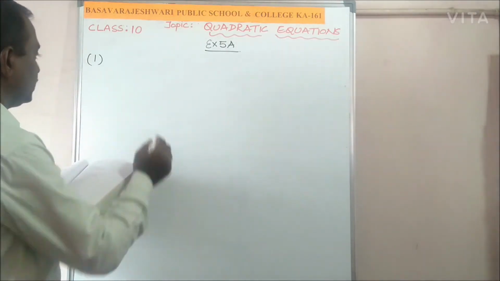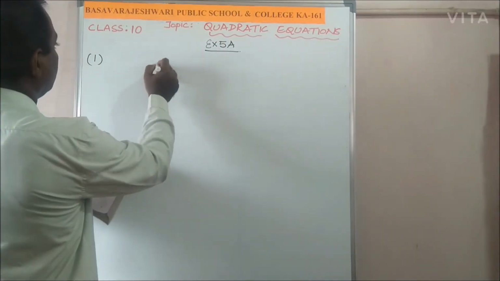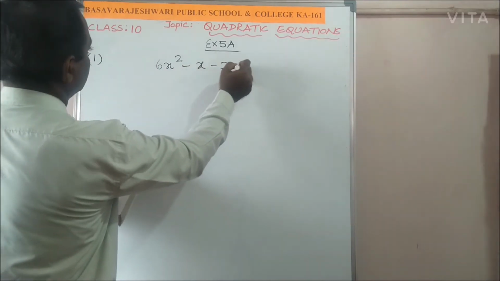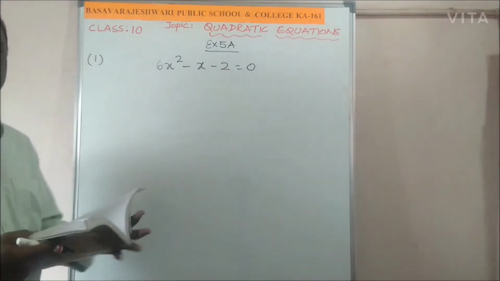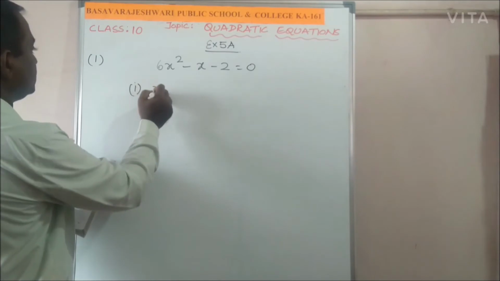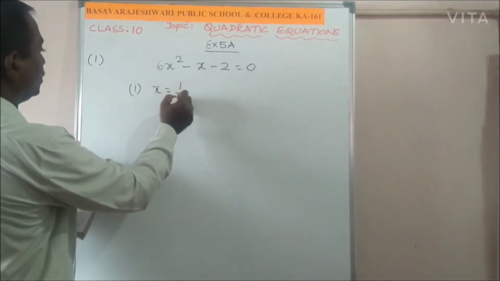The given equation is 6x square minus x minus 2 is equal to 0. Now we will discuss one by one. First, x is equal to 1 by 2.